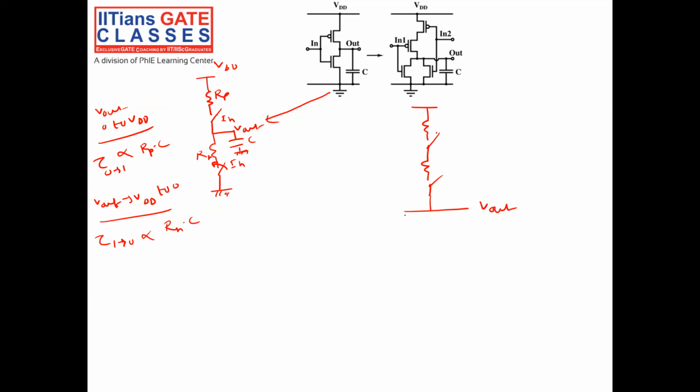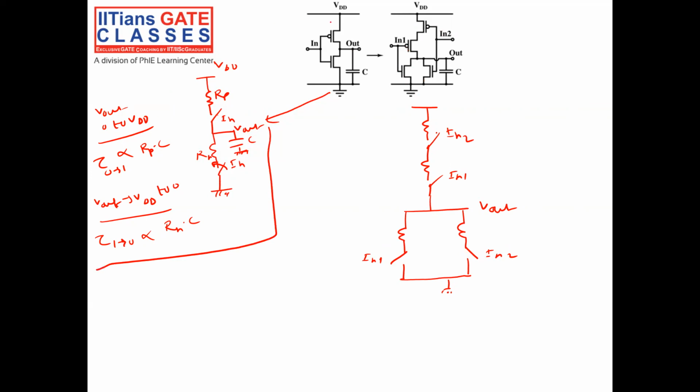Then there are two transistors at the bottom. This is my ground. This is connected to in 1, this is connected to in 2, and so on. So this is the case of the inverter.